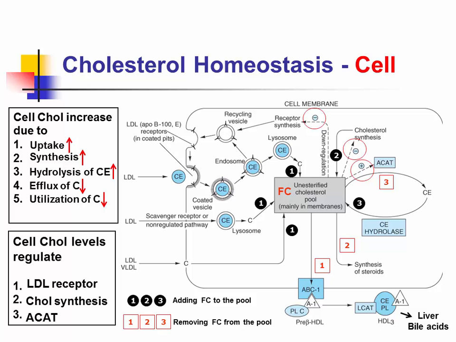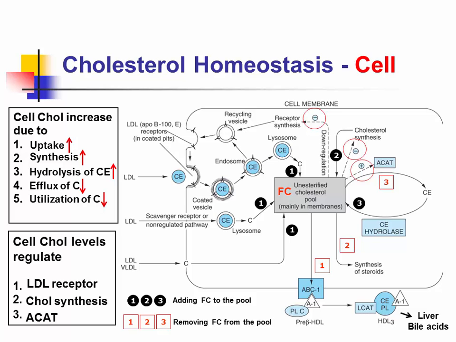So this is the most important pathway that can reduce cellular cholesterol, by taking the free cholesterol and loading it to the pre-beta HDL, the so-called reverse cholesterol transport pathway, and delivering it to the liver. And again, try to remember ABCA1 is an important transporter, transporting free cholesterol from the cell to the pre-beta HDL, right?